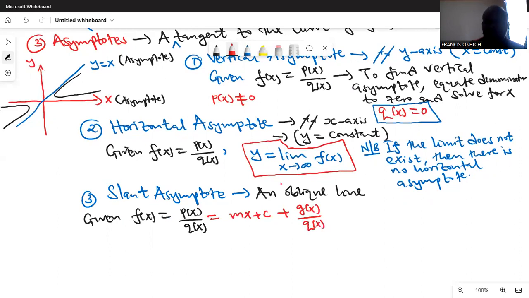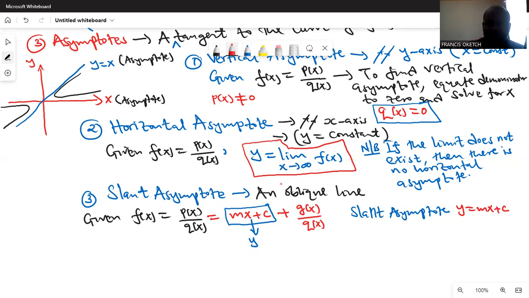And how do you get this form? It is via long division. So if you look at the linear part, that is what we are going to say y is equal to mx plus c. And so that will be our slant asymptote. So the slant asymptote is the equation y is equal to mx plus c.